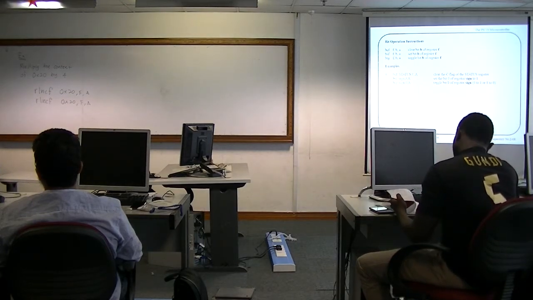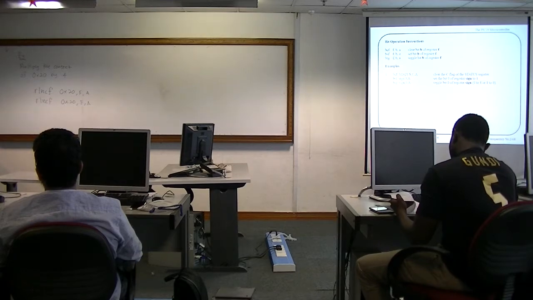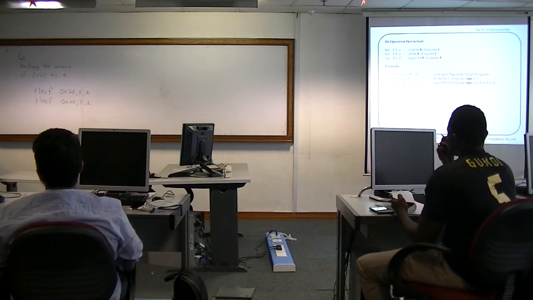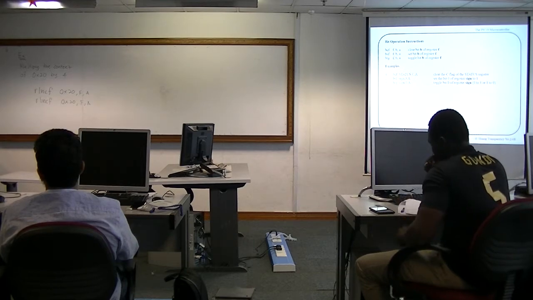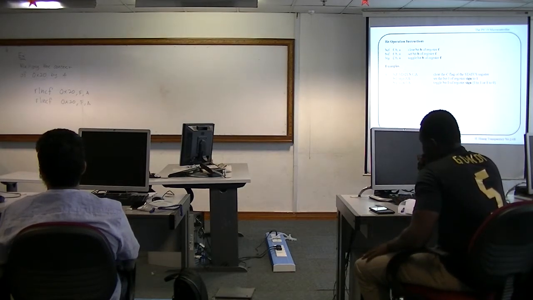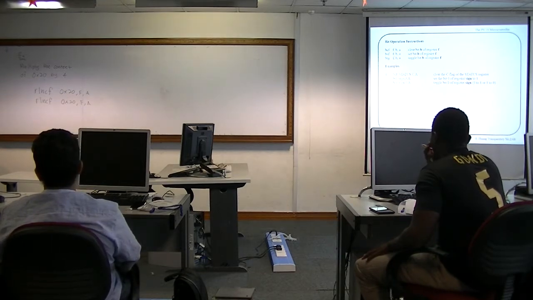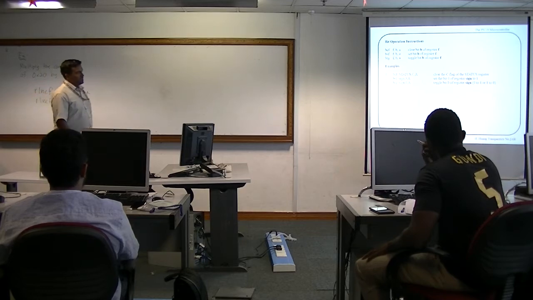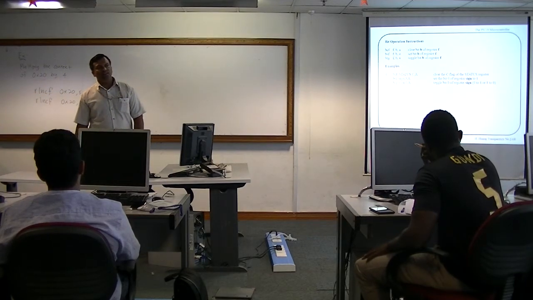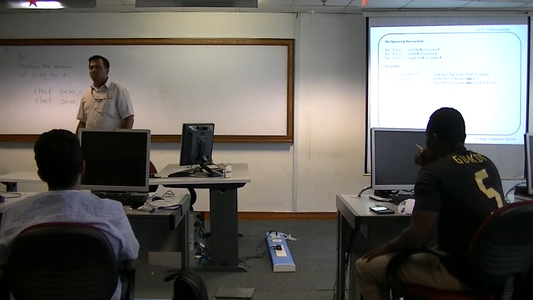If they say multiply the content of this file register with the content of this file register, then you have to use the MULWF instruction. Or if they say multiply the literal value to working register, you have to use MULLW. Is it okay? Now, this is for multiplication and division for 1 byte.